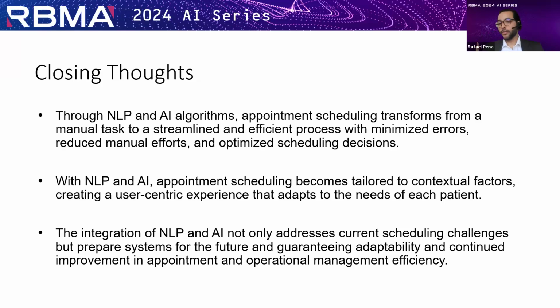Definitely. And something, sorry to interrupt you there, Edison. Something interesting as well here is that by implementing NLP and AI, you're not only addressing your current scheduling challenges, but you're also preparing your processes and your operations for the future. And this is very important because this is a wave that is coming.